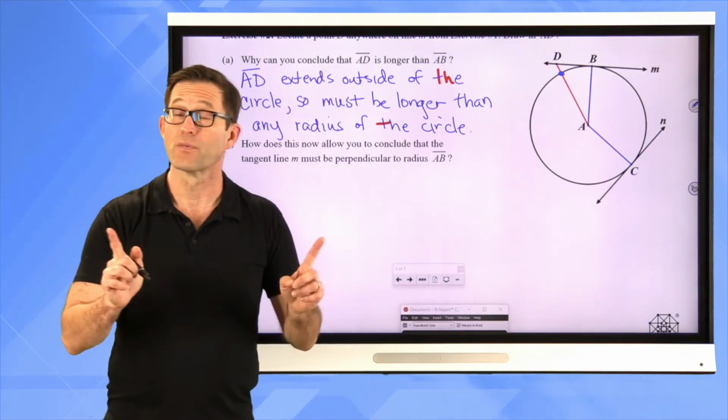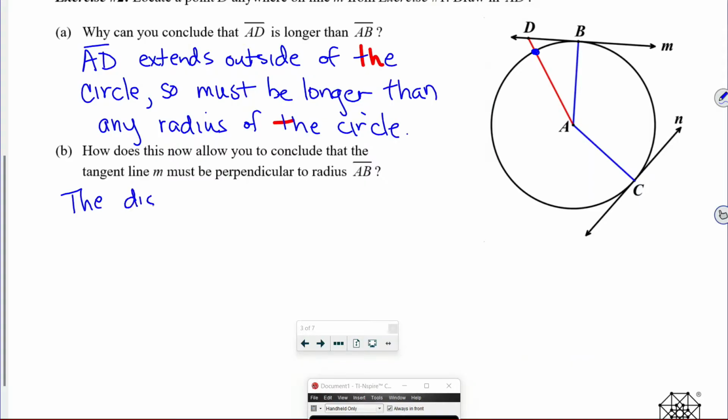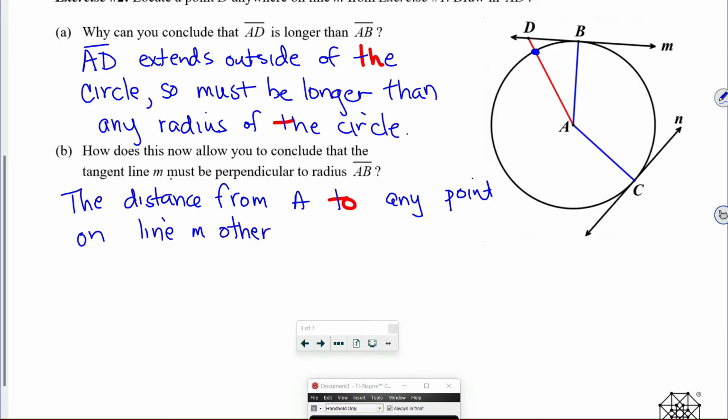All right, well, what we know is the distance from A to any point on line M other than B will be longer than AB.